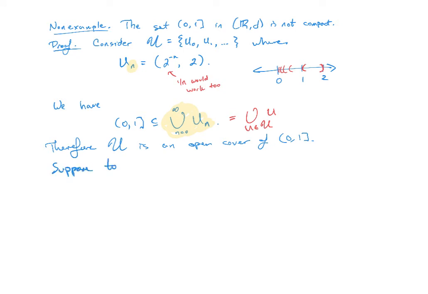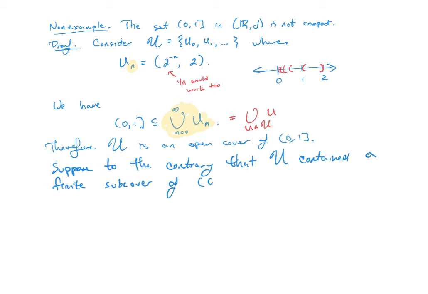So suppose that we did have a finite subcover. Suppose to the contrary that U contained a finite subcover of our set. Well, then there would be some finite set of indices.